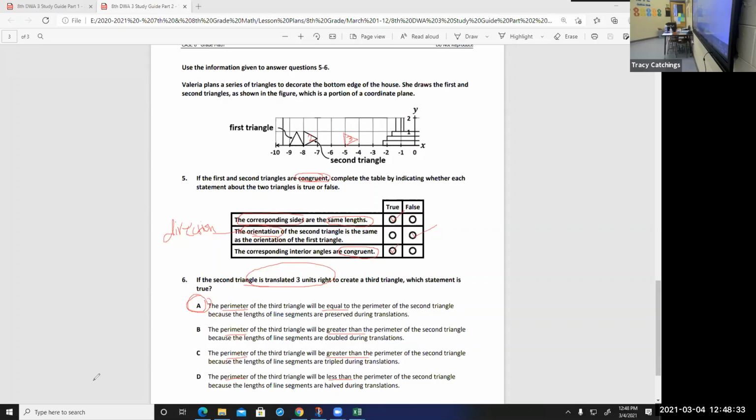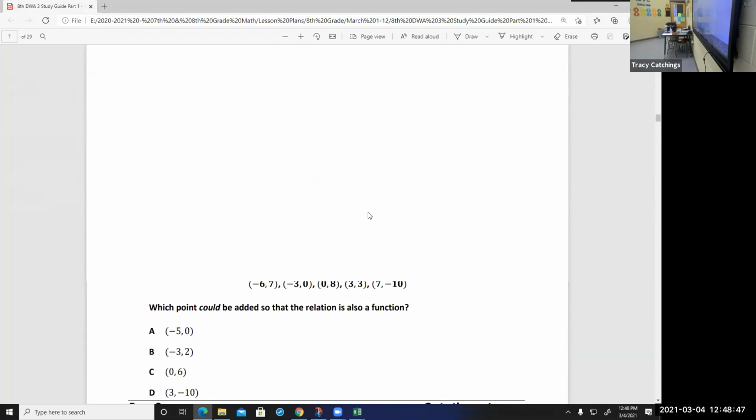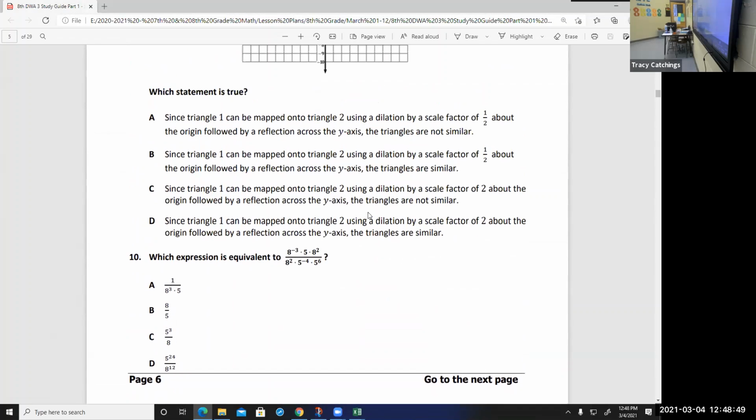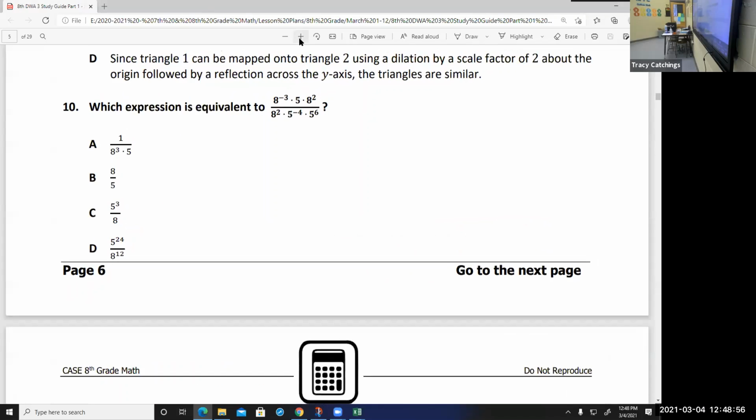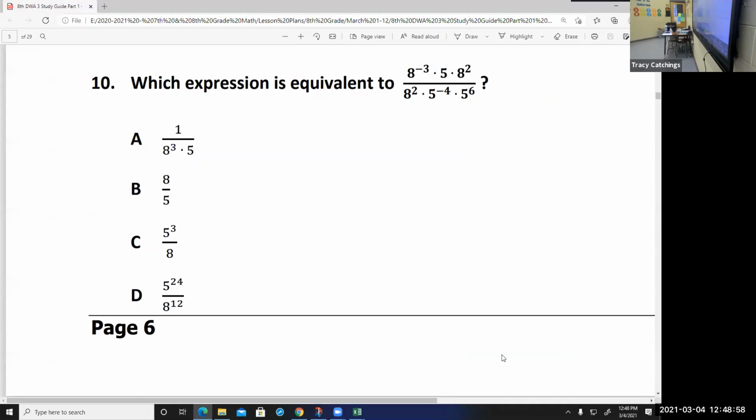So now we're going back to part 1. What did we stop on yesterday? 10. You got it to me? All right, so we're finna go back to part 1, picking up at number 10 from yesterday. Did we finish it? Okay. This deals with integer exponents.